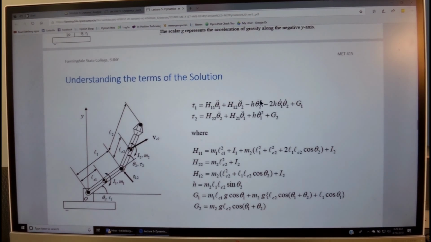And then there is another, so this is basically equivalent to the tangential acceleration, the effects of tangential acceleration on the motor torque.